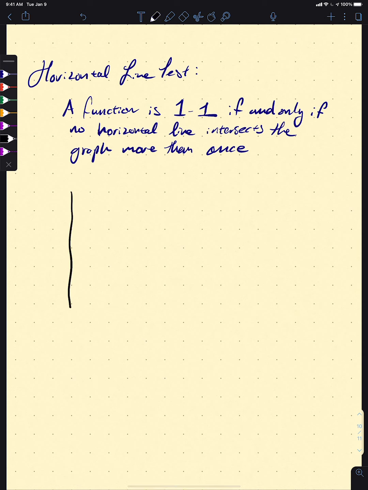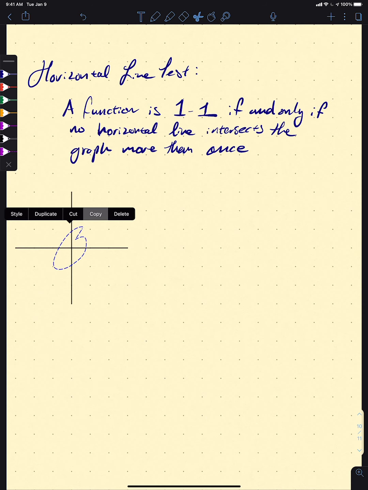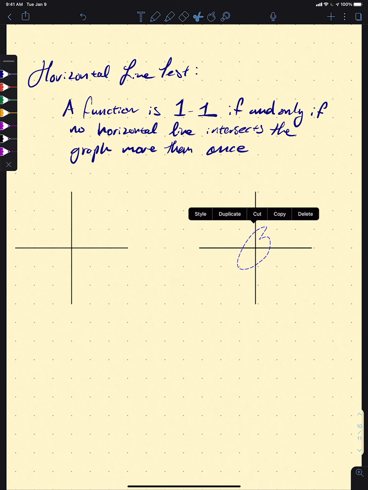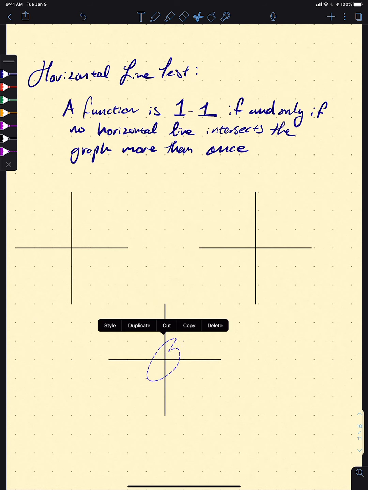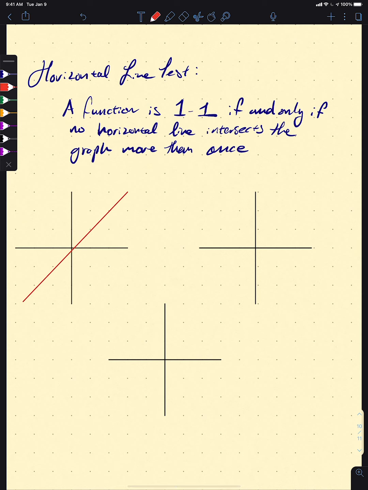Okay, so let's do some examples. I'll throw down a couple graphs here. How about three of them? Let's do three little examples, and we'll do the first three power functions. We're going to start with the line, which is trivially a power function. So we'll do a line, a parabola, and a cubic.